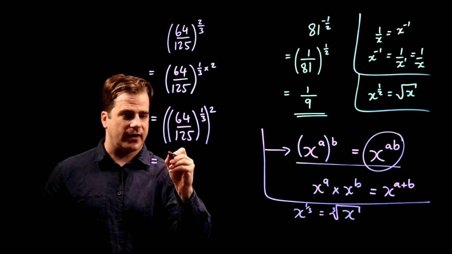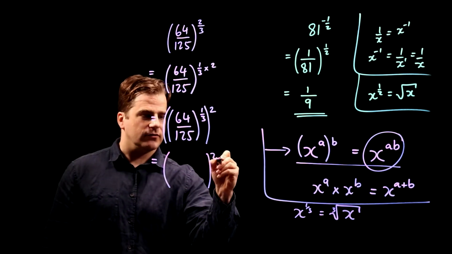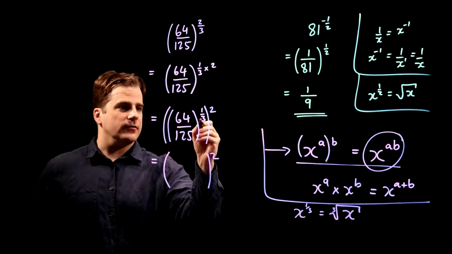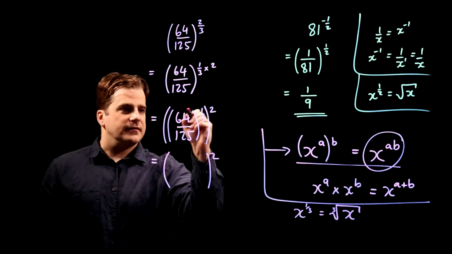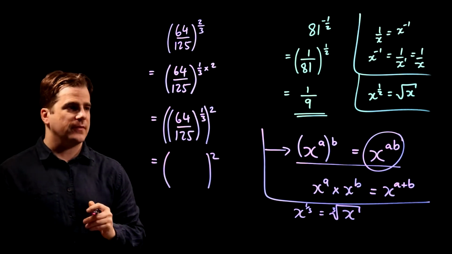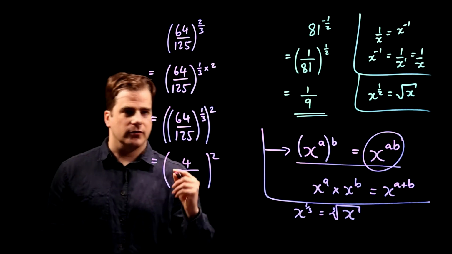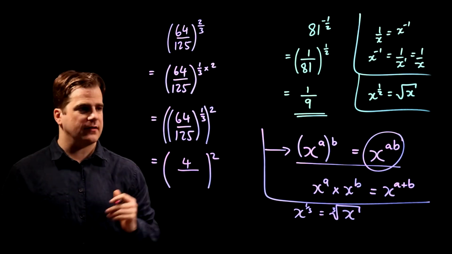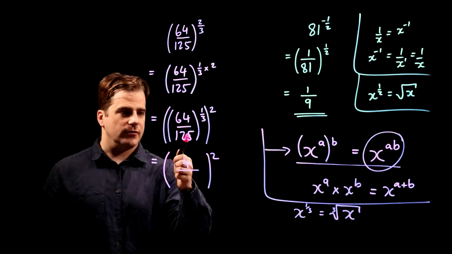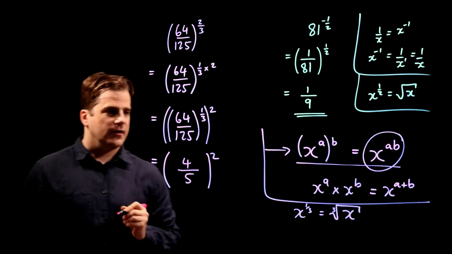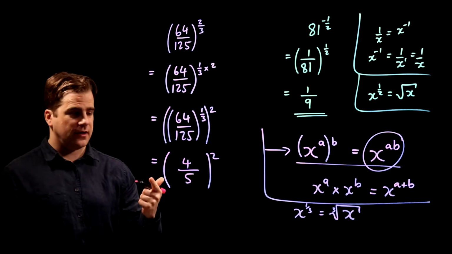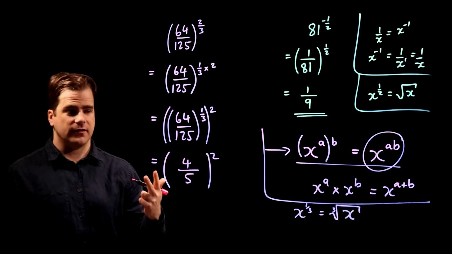So we'll leave the outer brackets alone, squared. So the bit inside, the cubed root of 64 is 4, because 4 times 4 is 16, times 4 is 64. The cubed root of 125 is 5, because 5 times 5 is 25, times another 5 is 125.